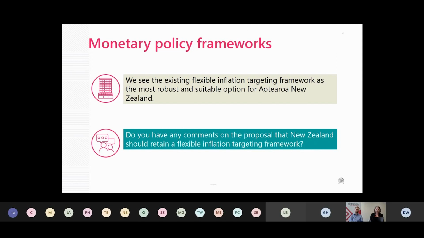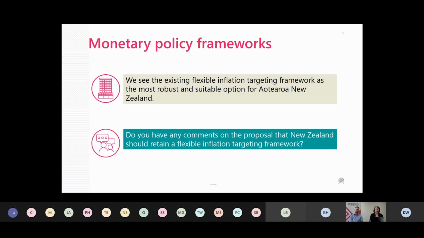But in the consultation document, we also found that a lot of the benefits are quite theoretical, and they haven't been seen because not many central banks have tried these frameworks. And there are also some downsides in terms of people having to shift how they think about price stability, and they can be quite complex to communicate. Also, just to note, in the consultation document, we consider another alternative framework, which is nominal GDP targeting, but we also find lots of practical downsides with that one.